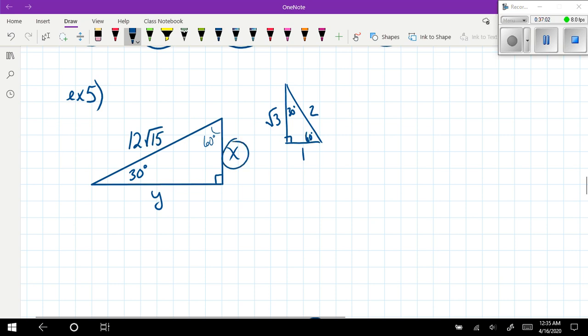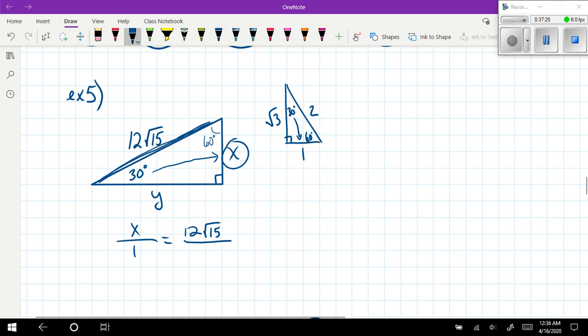Let's see x here. X compares to what? Now would the x be on the 1 side, the 2 side, or the root 3 side? And I'm hoping that you get the fact that the x is across from the 30. So what's across from the 30 here? That's your 1 side. This is equal to 12 times the square root of 15 compared to, now the 12 root 15 is on the hypotenuse here, right?